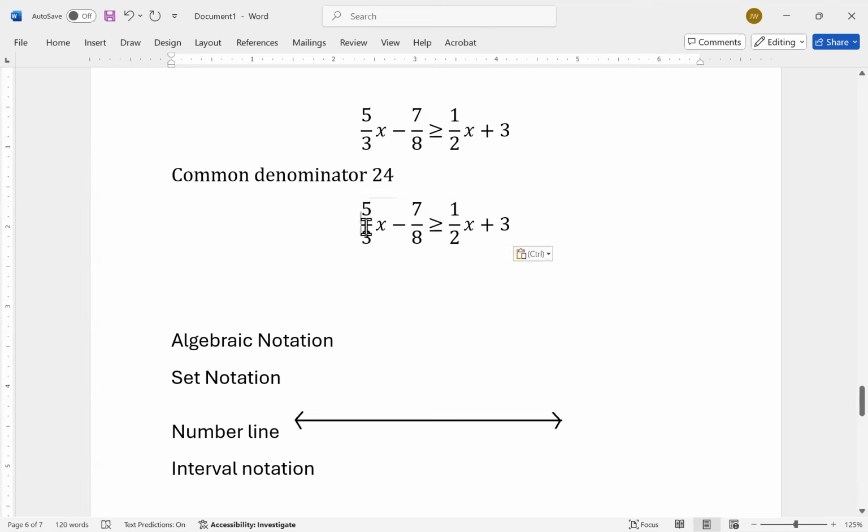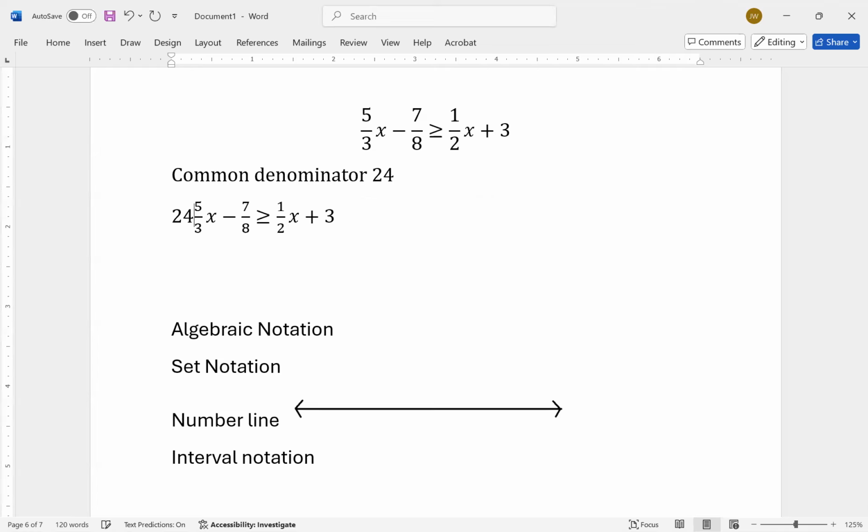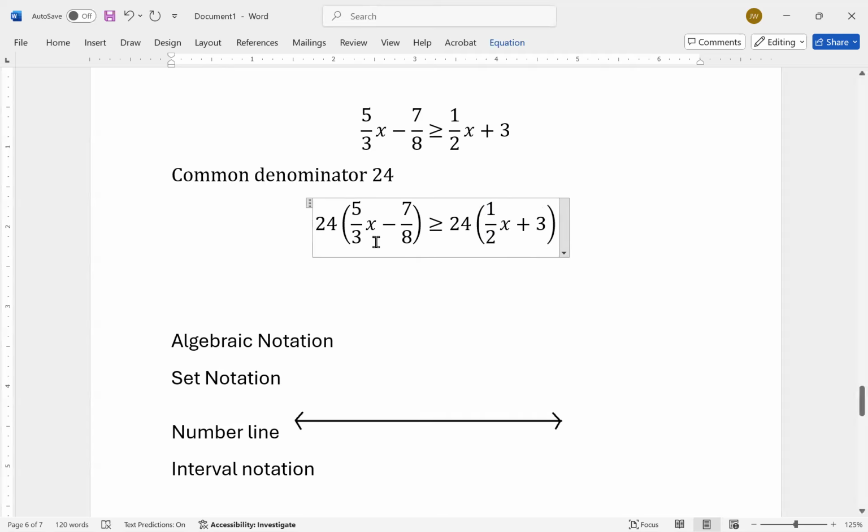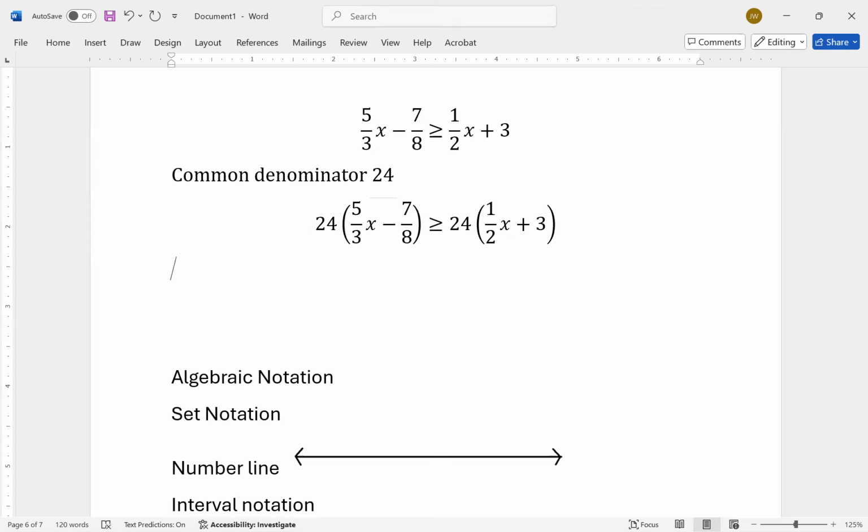And that means I'm going to multiply both sides of this inequality by 24. Now, because I'm multiplying by a positive, I don't have to flip the sign. The sign is going to stay the same. In fact, every time I multiply by a common denominator, I use a positive common denominator, and that'll help not having to flip the sign.